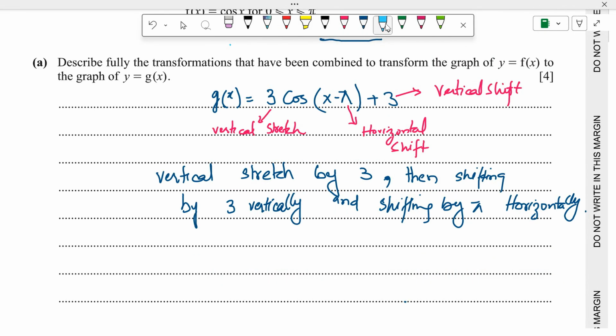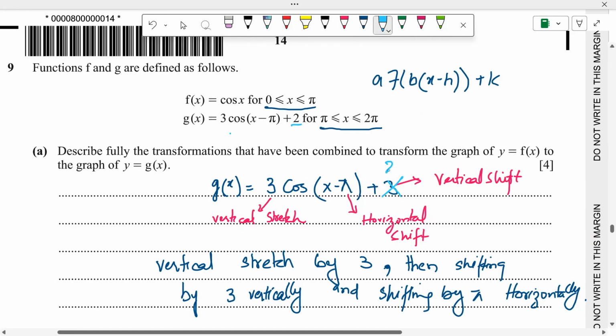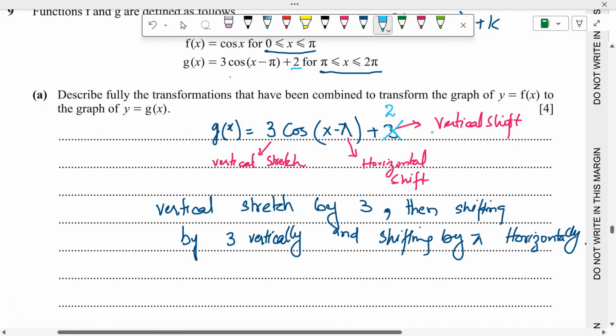Okay, I made a mistake. This one is 2, so vertical shifting is by 2.